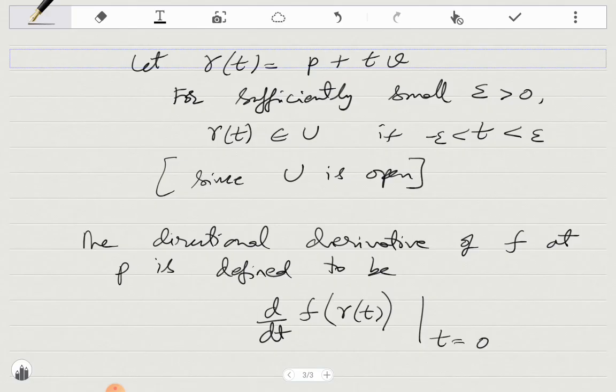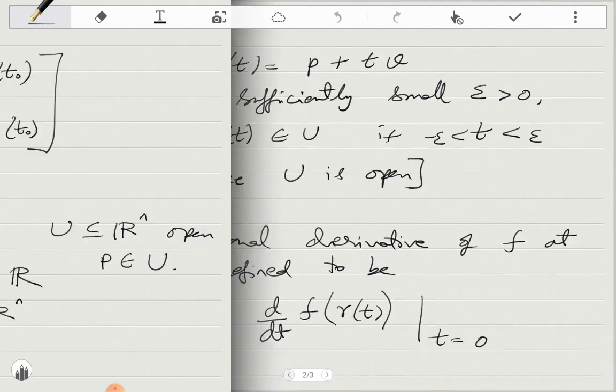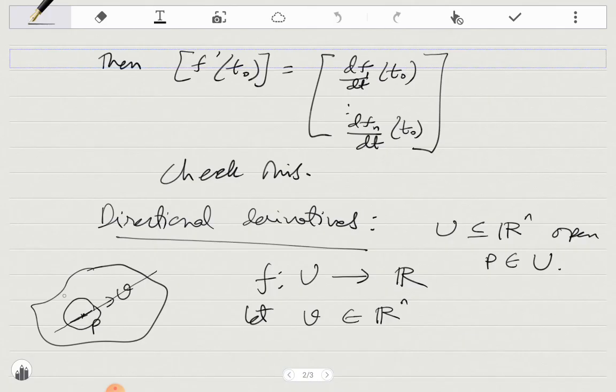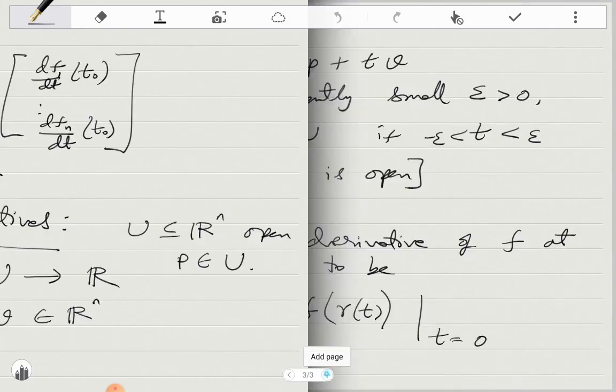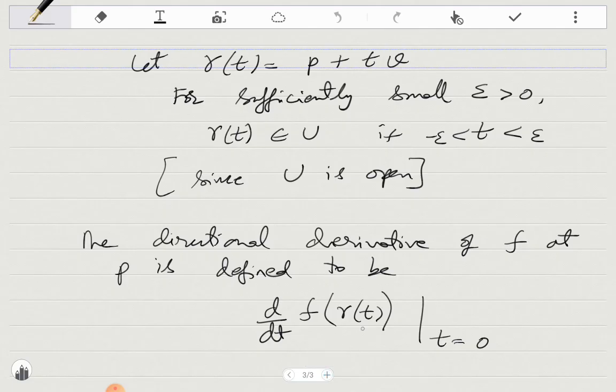So in other words, even though f is defined on the whole open set, I am just restricting f to this straight line, and once I do that, I compose f with the equation of the straight line. Then I'll get a mapping from an interval in R, minus epsilon to epsilon, and the range will also be R. Then I take the usual derivative.